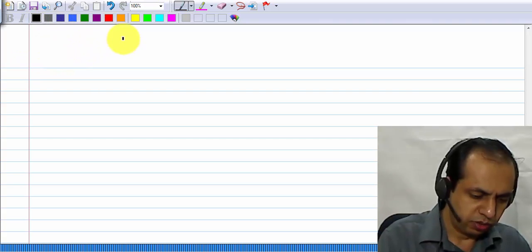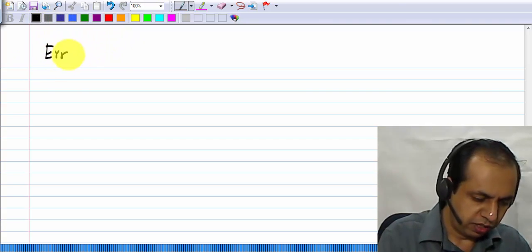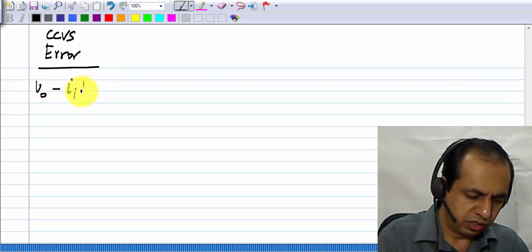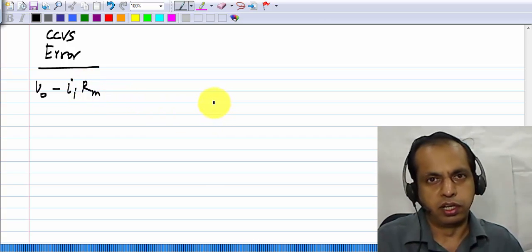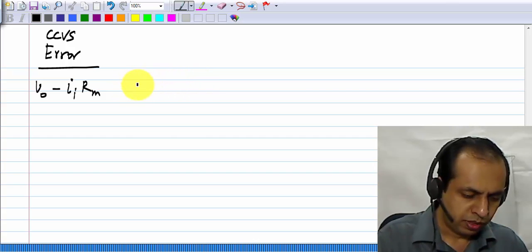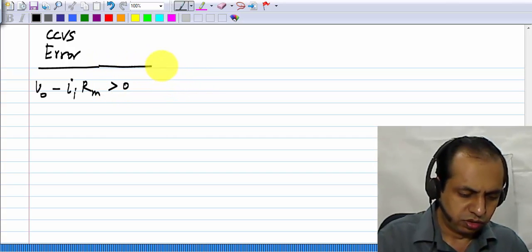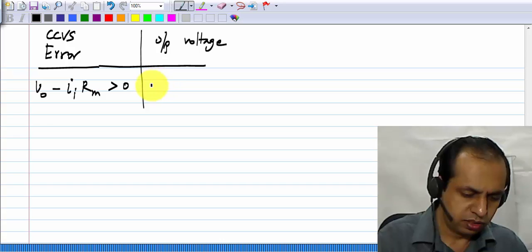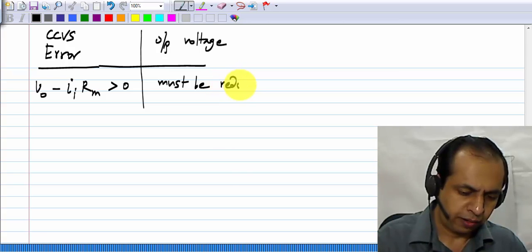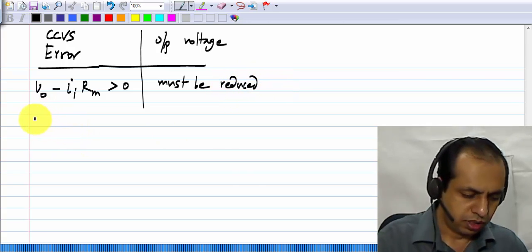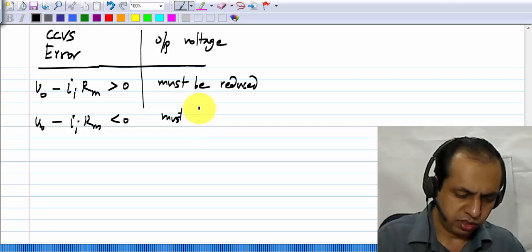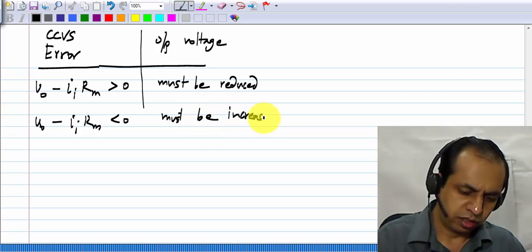So again, let me write down the relationship. If I denote this V0 minus IIRM as the error of the current controlled voltage source, if it is greater than 0, then the output voltage must be reduced, and if it is less than 0, the output voltage must be increased.